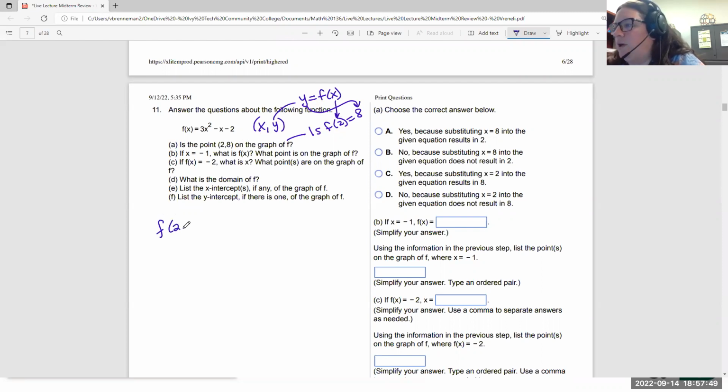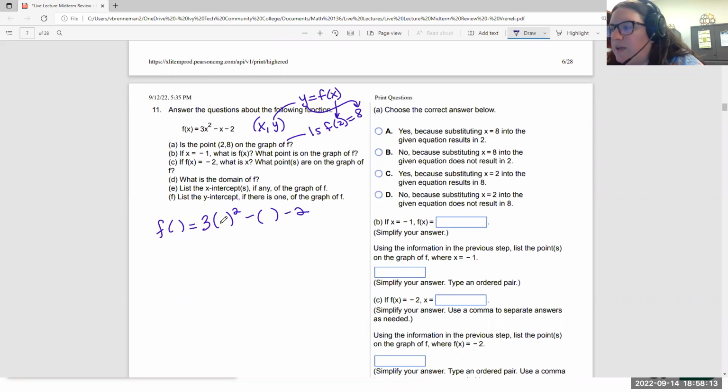So f of anything is, another way to think of this function rule, whatever is inside the parentheses, wherever there's an x, that same thing goes there.